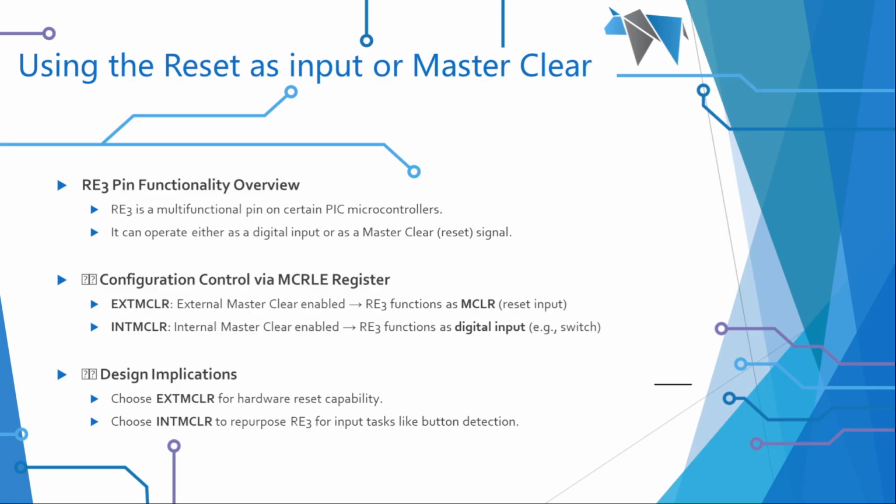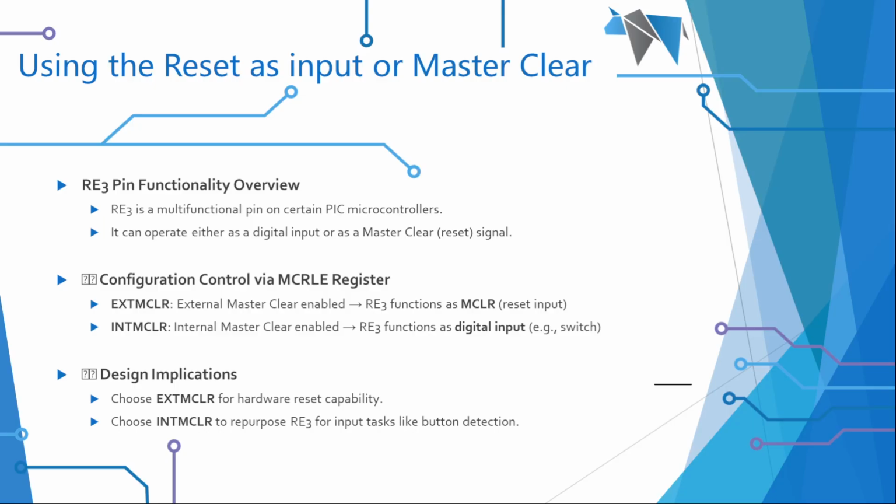Many of them, more recently, can operate either as a digital input or a master clear, which is also called the reset signal. Hence, we called it reset. The M and the C of that is what Microchip use, the master clear. So master clear and reset are used interchangeably.